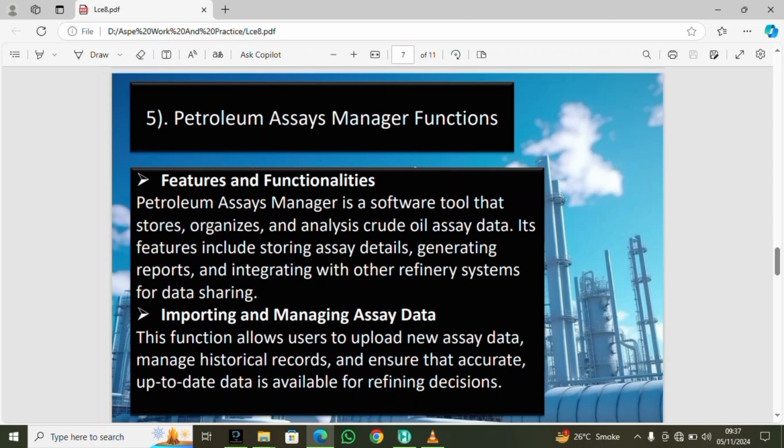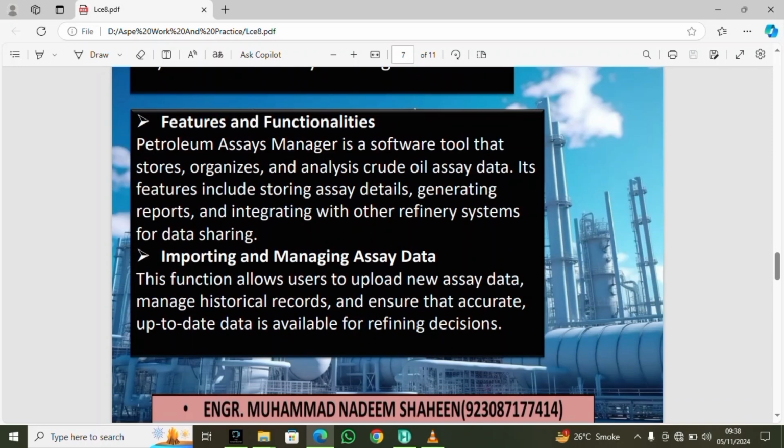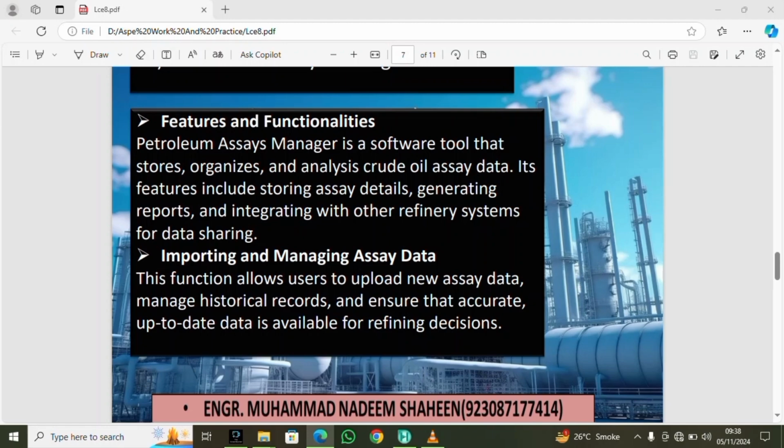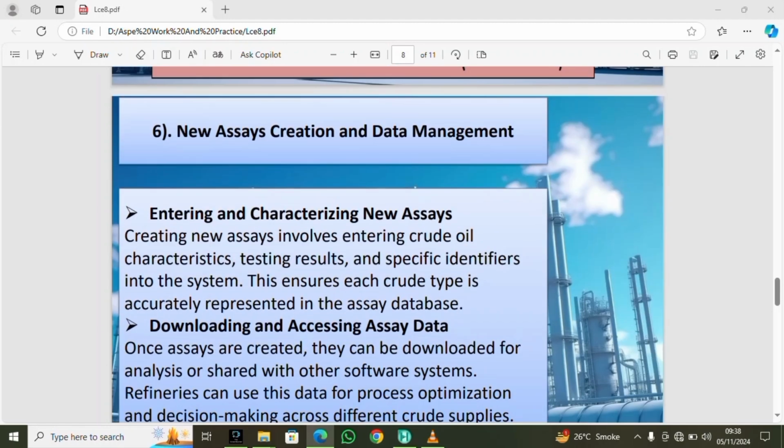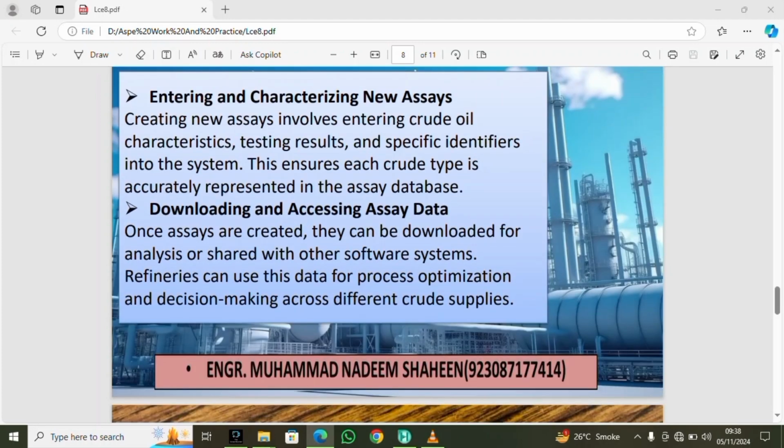Petroleum Assays Manager functions, features, and functionality. Petroleum Assays Manager is software that stores, organizes, and analyzes crude oil data. Its features include storing assay details, generating reports, and integrating with other refining systems for data sharing. Importing and managing assays data: this function allows users to upload new assay data and manage historical records, and ensures that accurate, up-to-date data is available for refining decisions. New assays and grade management: entering and characterizing new assays.